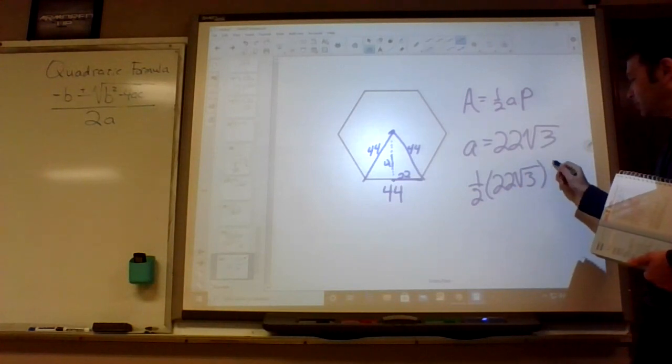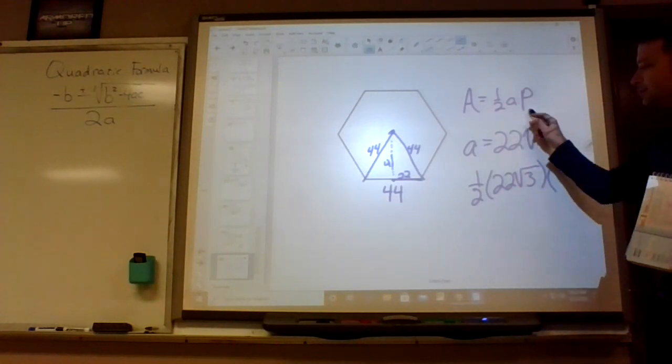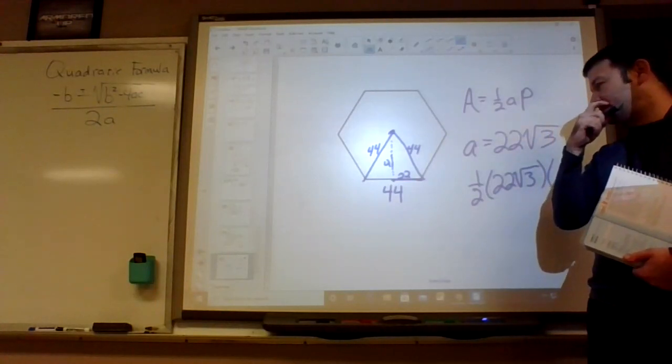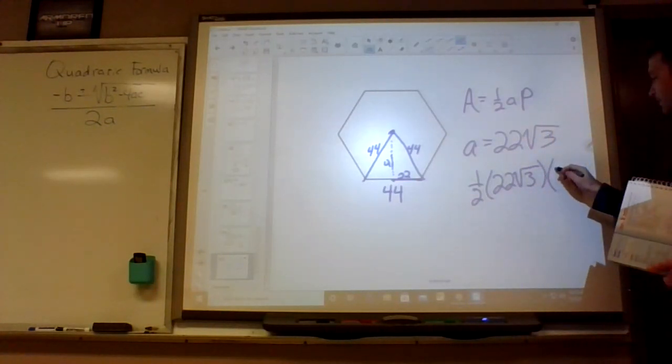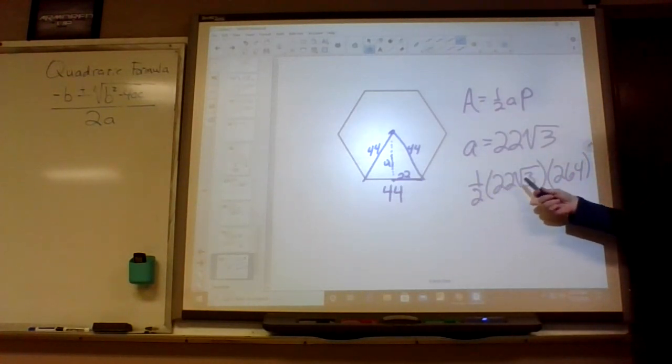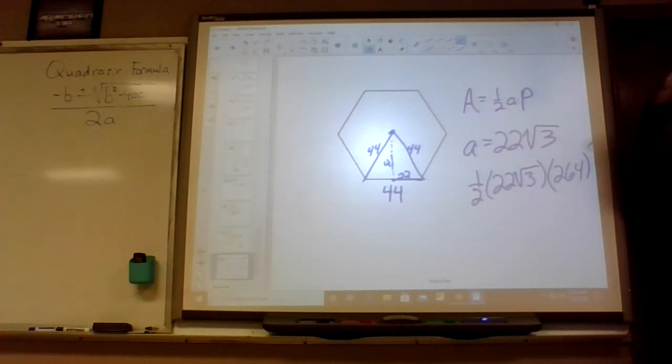How are we going to find the perimeter? 44 times 6. What does that come out to? 264? Yes, 264. So when you plug this in, do 1/2 times 22 times 264.